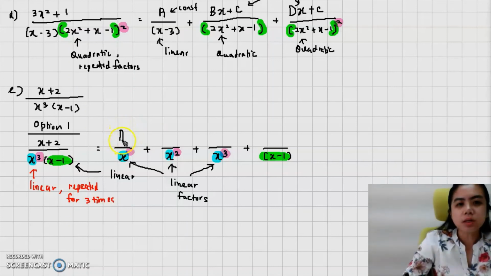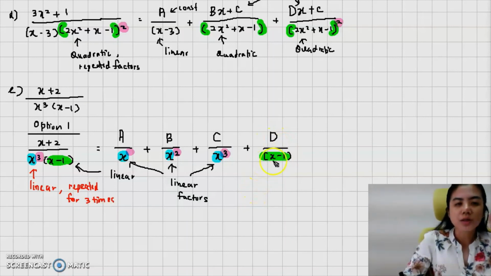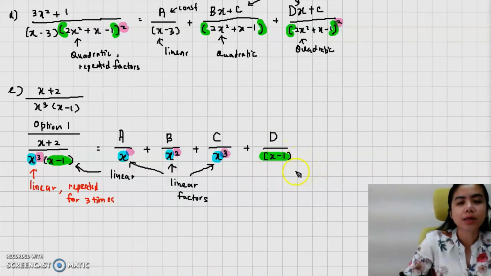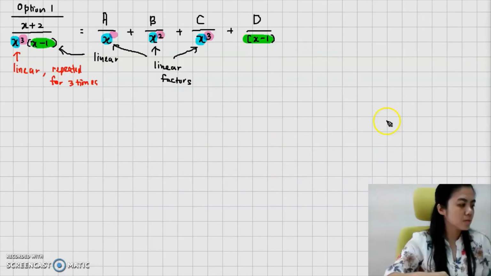So this is constant, and this is constant, because we consider each of them is linear. And this one is another linear, so we have D here, right? So this is one of the options to write the decomposition of the rational function.